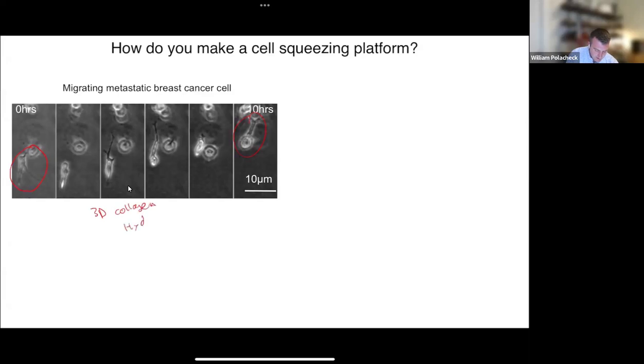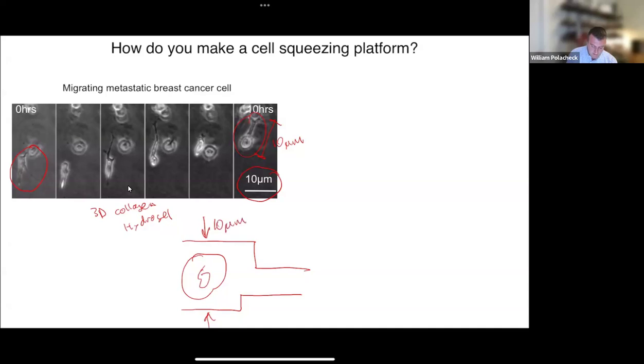But what I want to draw your attention to is that this length scale, the entire extended length of the cell here, is about 10 microns. So if we want to make a platform that allows us to squeeze a cell, then we know that this chamber, which might catch the cell but not squeeze it, has to be on the order of 10 microns.